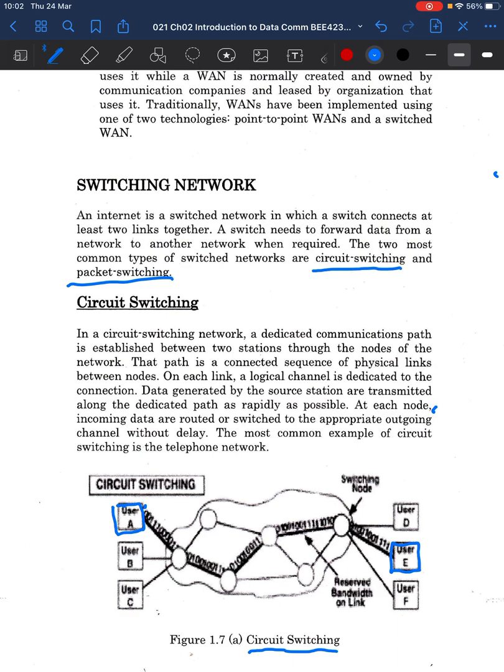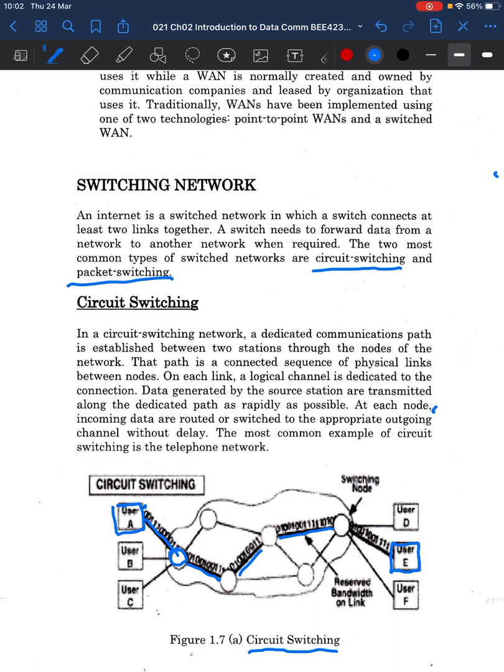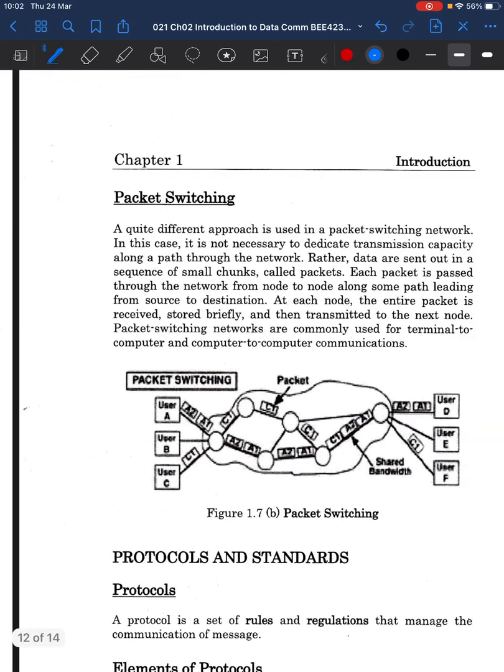So the data goes through this one, and then this one, this one, this one, and this one. You can see here the switching nodes. And this is the link, the connection, the dedicated link.